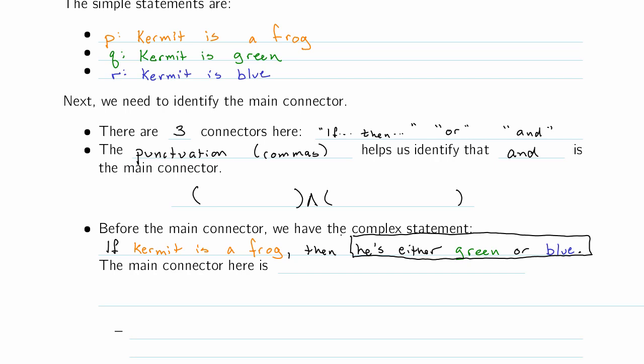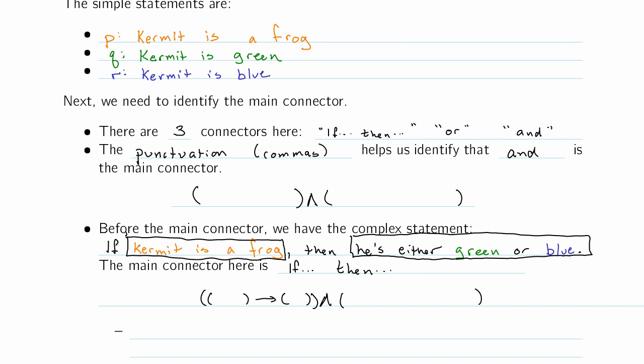So that is clearly a unit, which means that Kermit is a frog is the other part. The main connector is the if-then. So we have the skeleton of an and. We'll put in a skeleton of an if-then in the part before the and.